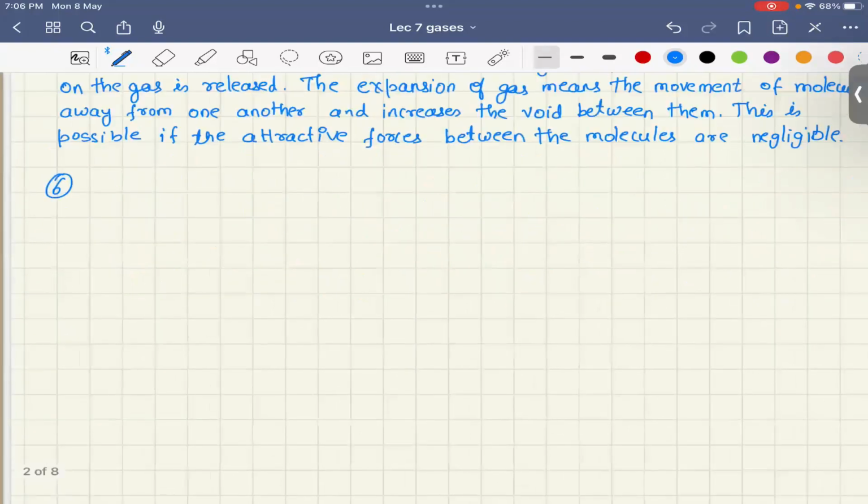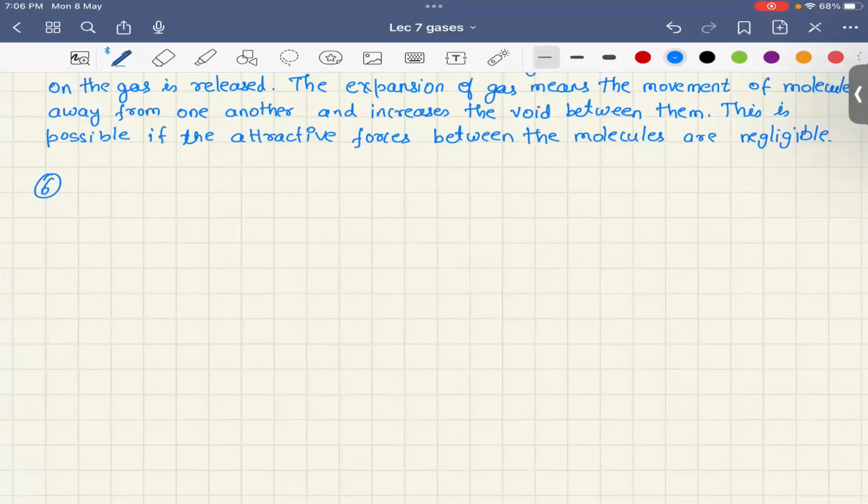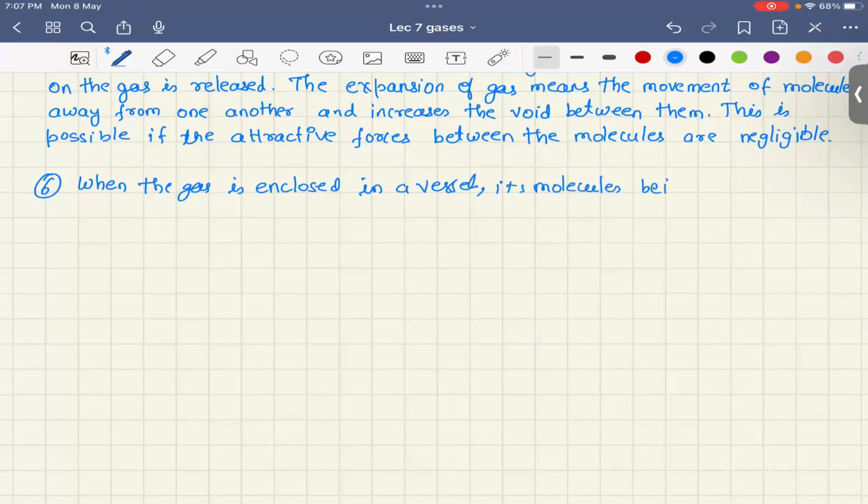The sixth point is, when the gas is enclosed in a vessel, its molecules, being in rapid motion, constantly go on striking the walls.